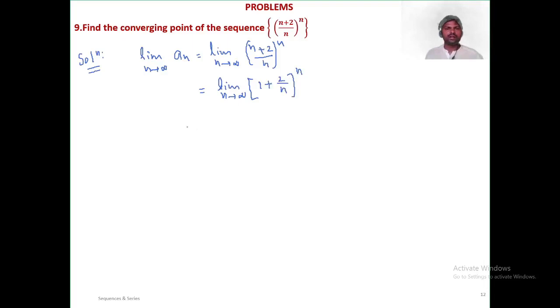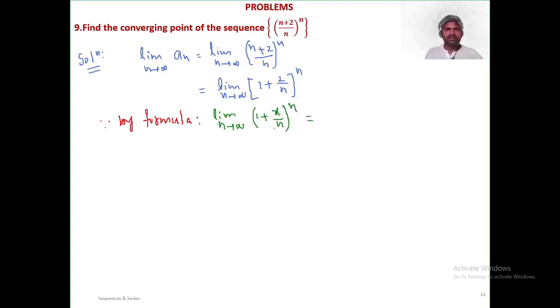What is this value? Directly, if you know the formula, you can write it. So I'm writing the formula. Since by formula you have seen this one in PUC, what is that? So limit n tends to infinity 1 plus x by n whole raise n. What is this value?